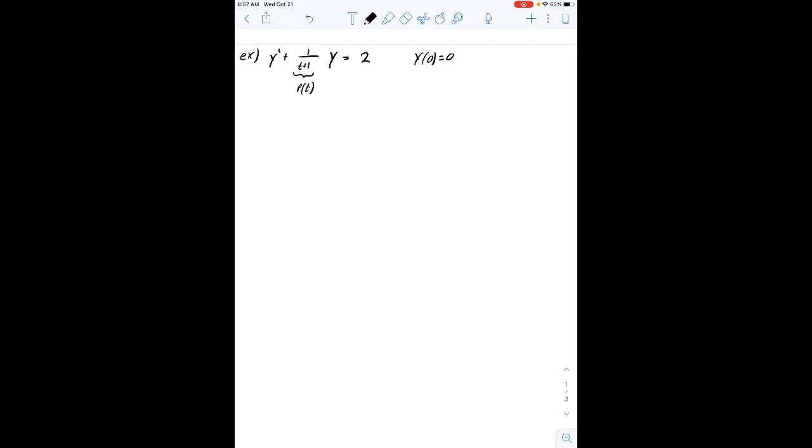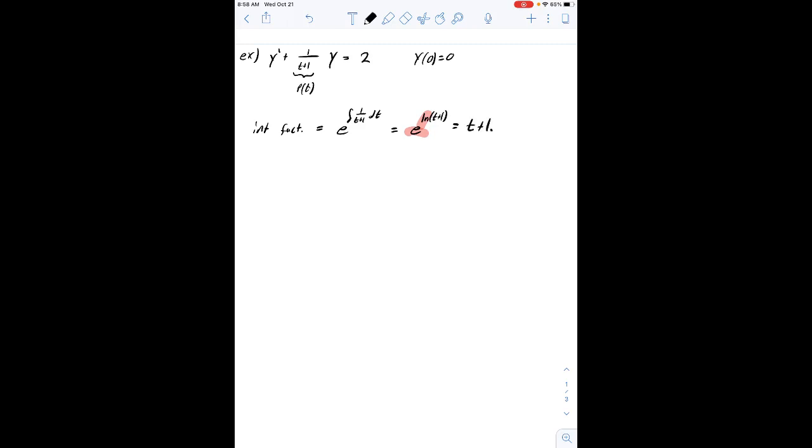So that means my integrating factor is going to be equal to e to the integral of 1 over t plus 1 dt. Now we know that the integral of 1 over t plus 1 is just equal to natural log of t plus 1. And then we see the natural log and the e just cancel out, leaving us just with t plus 1.